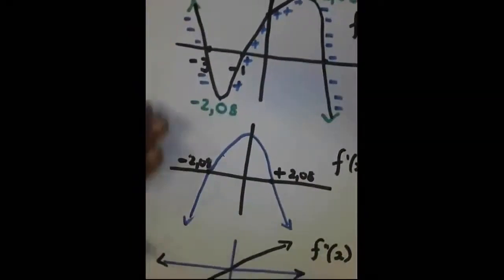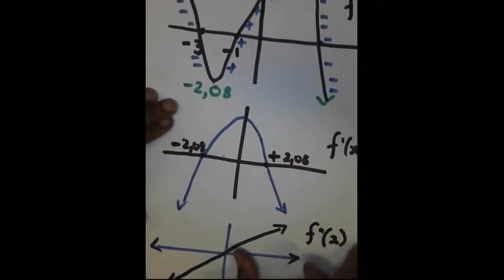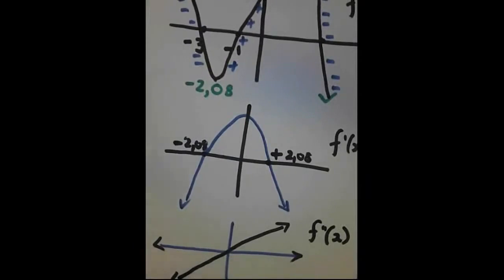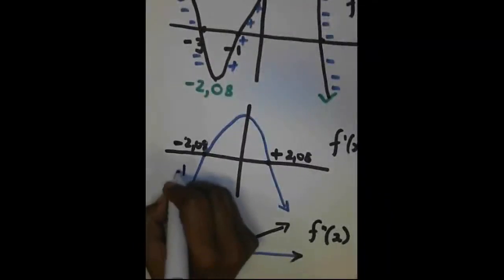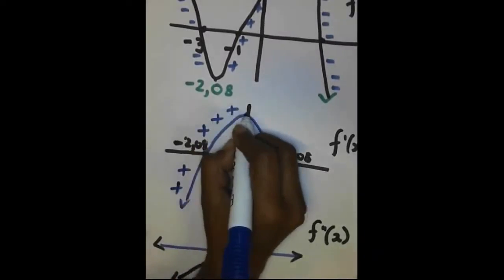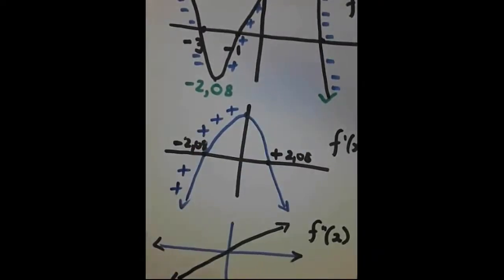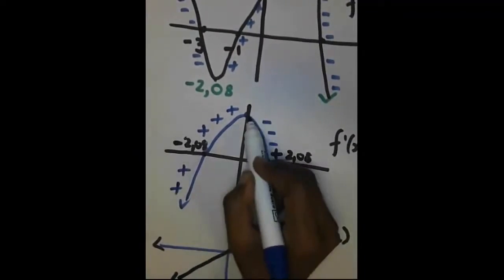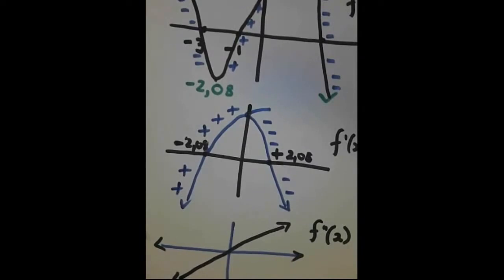Now, if I look at my first derivative, and this is a very important point, I can easily see where my function is ascending and where it's descending. It's ascending all the way until it gets there. Then it descends all the way until it gets there. Now, which value have I got over here?